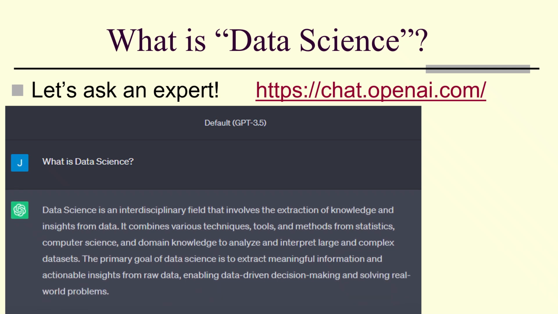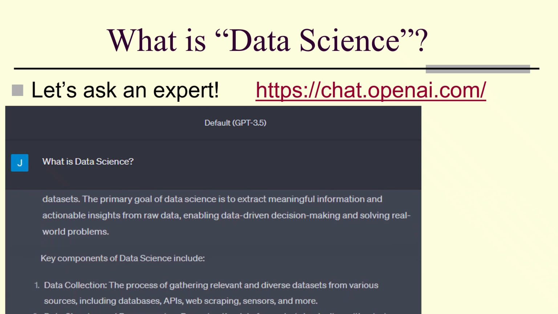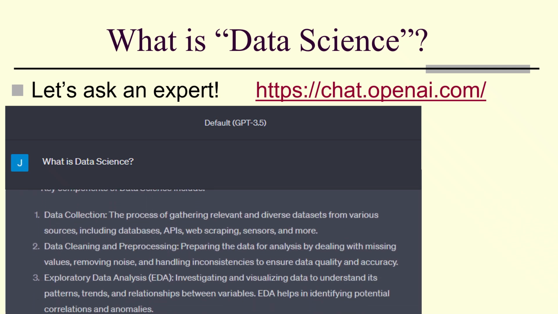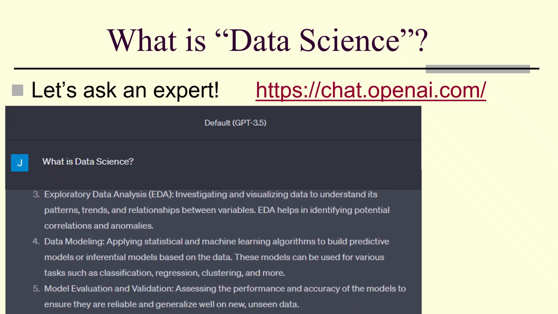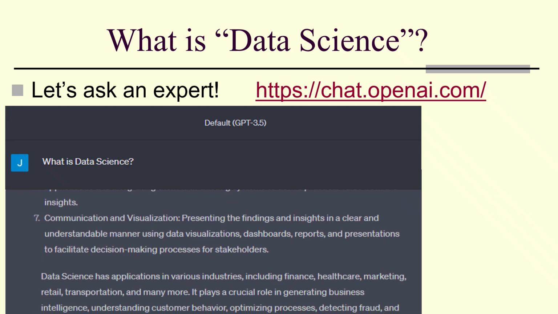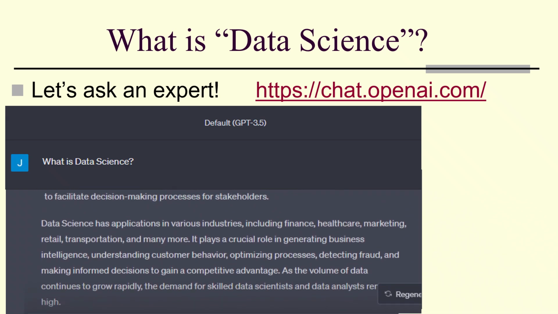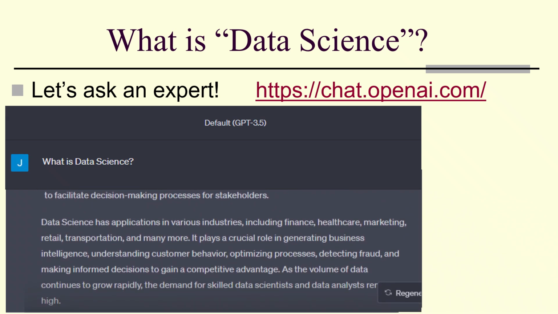Key components of data science include data collection, the process of gathering relevant and diverse datasets from various sources, including databases, APIs, web scraping, sensors, and more. Data cleaning and pre-processing, preparing the data for analysis by dealing with missing values, removing noise, and handling.